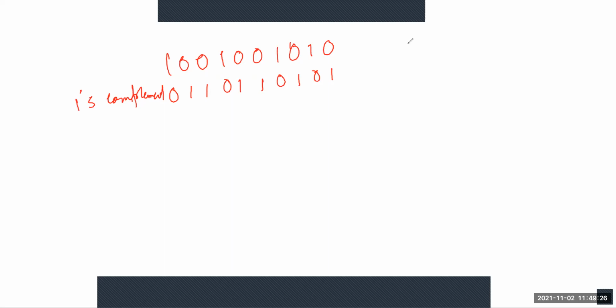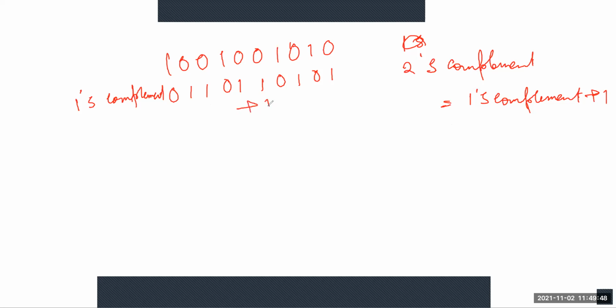From this first complement you will get the second complement. So how will we get the second complement? Second complement equals first complement plus 1. Okay, so this is the first complement. Now we will add 1 with this first complement.